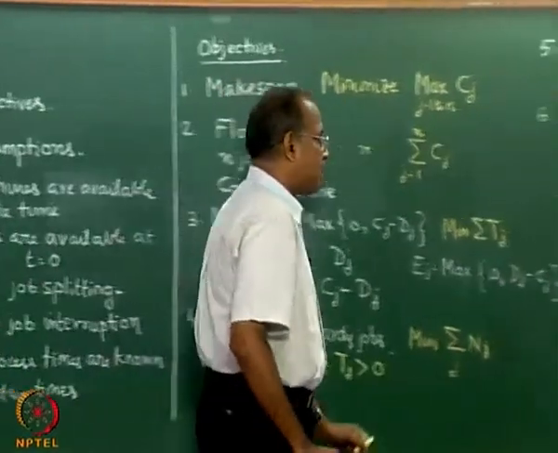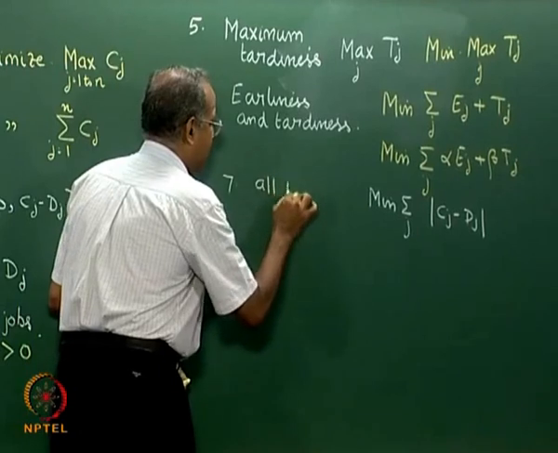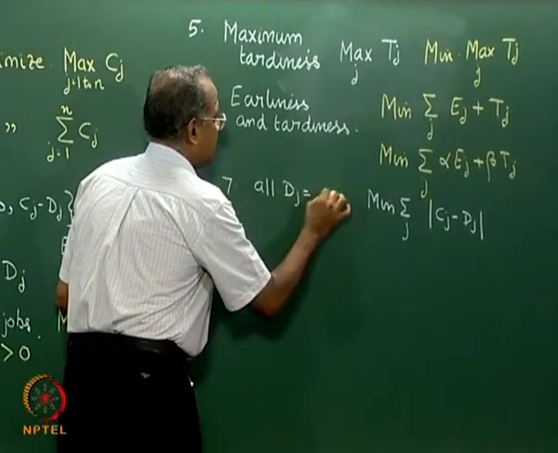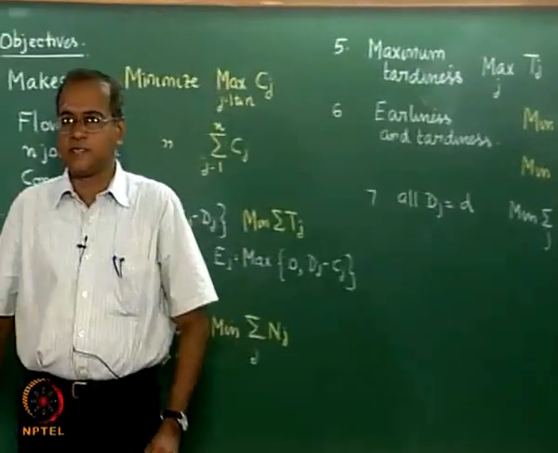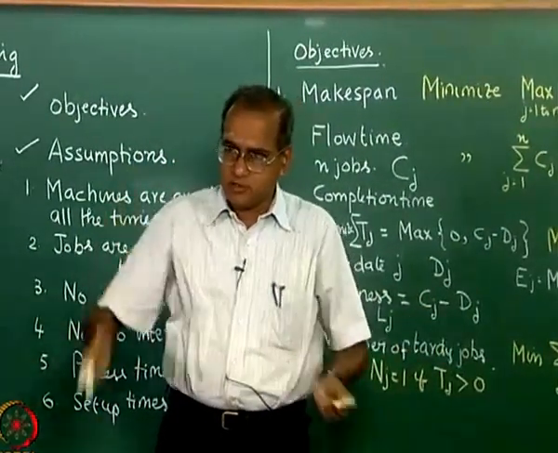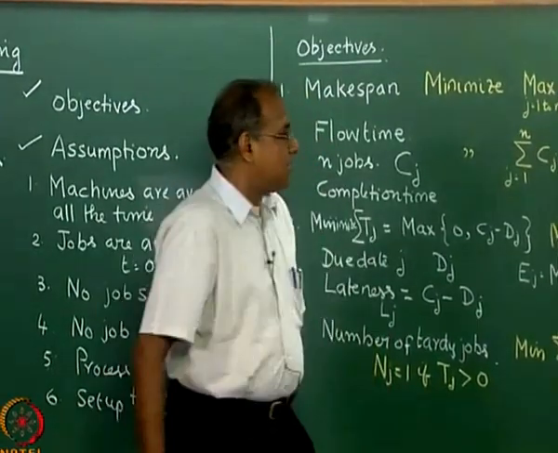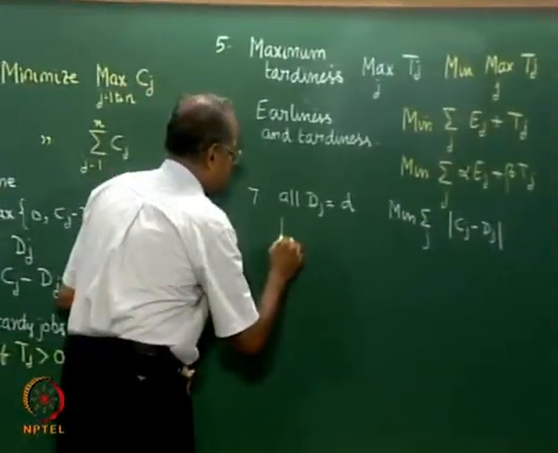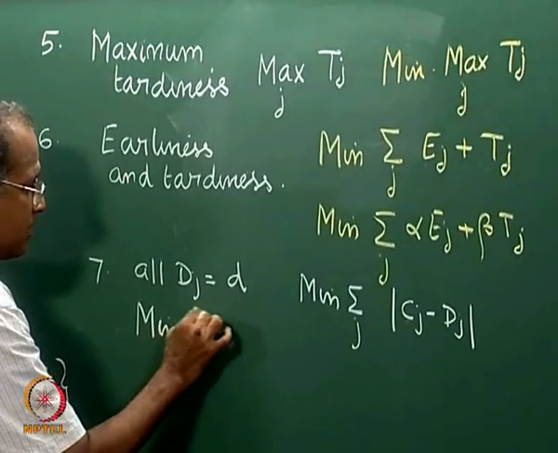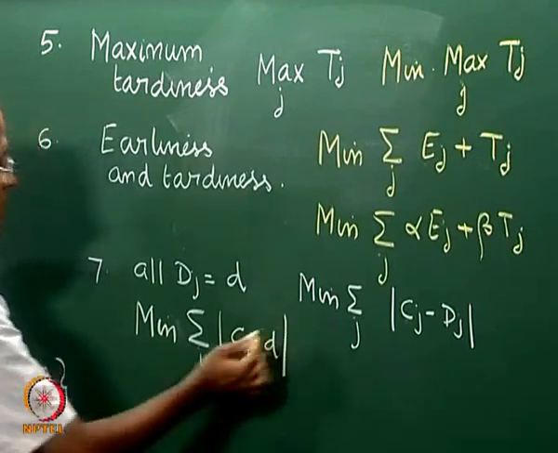Now if all due dates are equal, if all dj equal d, which means these are all jobs that have to be sent by today evening or by a Friday evening, say, then this becomes minimize the sum of the absolute value of Cj minus d.